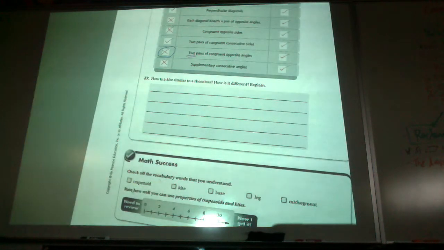I want you to summarize, how is the kite similar to the rhombus then? You just made a table regarding that. So I want you to write out how a kite is similar to the rhombus.